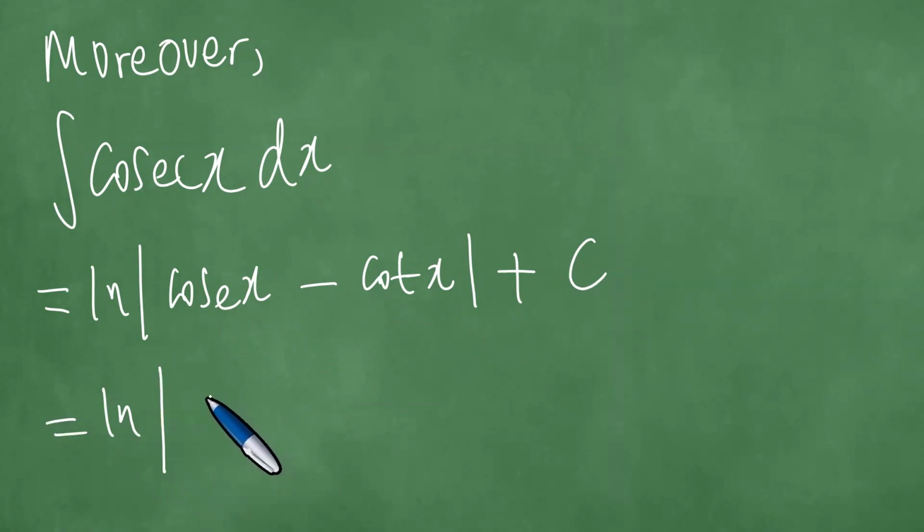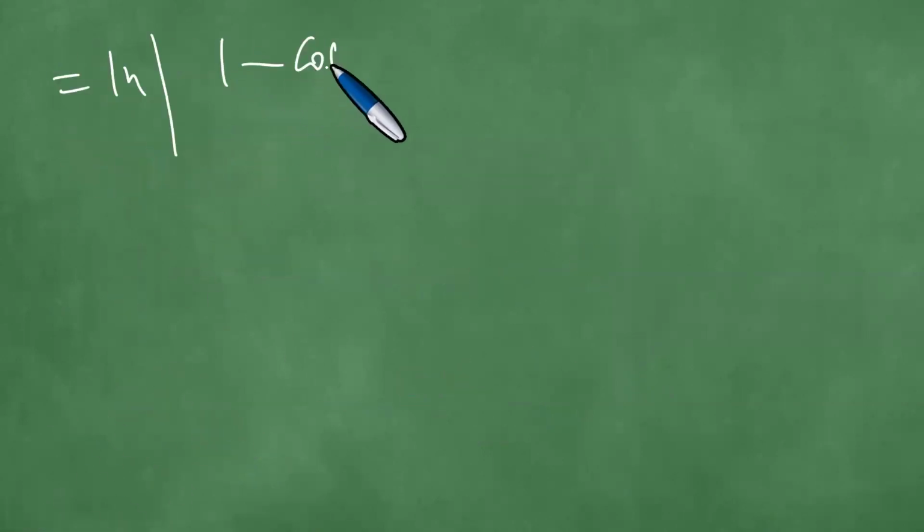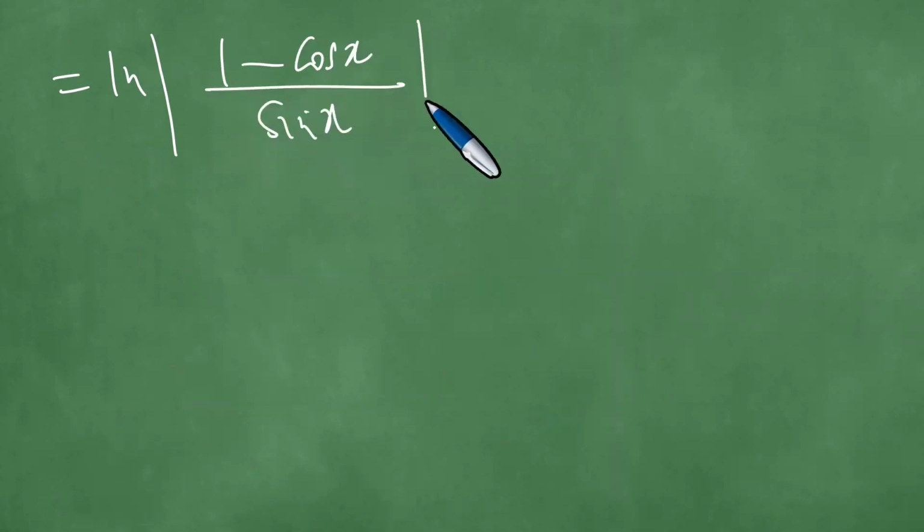What is cosecant of x? Cosecant of x is 1 over the sine of x, and the cotangent is cosine of x over the sine of x plus c. The denominator is the same here. In the numerator, you have 1 minus cosine x divided by the sine of x plus c.